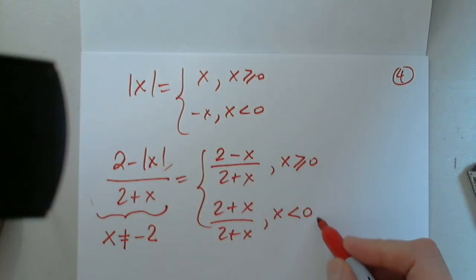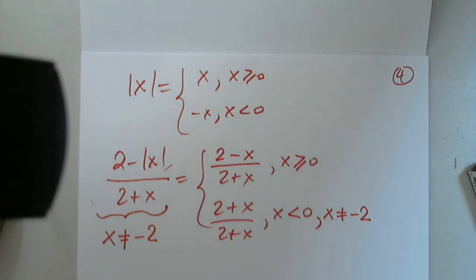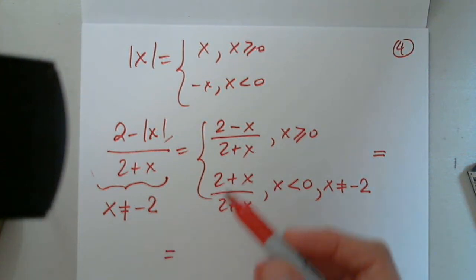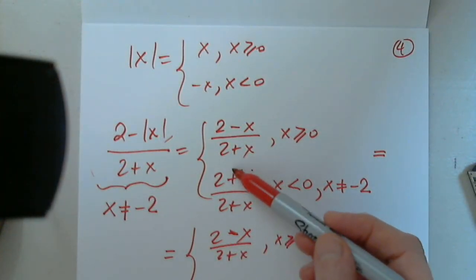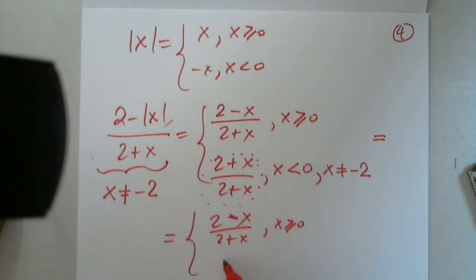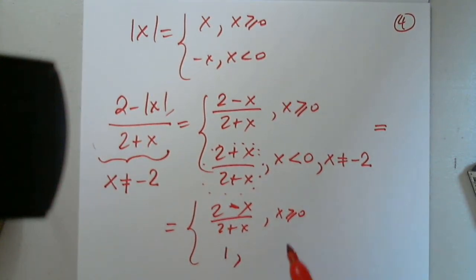I have to put it in: x not equal negative 2. This I cannot simplify. There is nothing I can do there: 2 minus x over 2 plus x for x greater or equal to 0. Can I simplify this? Yes, it would be this one. Very good. For x less than 0 and x not equal negative 2.